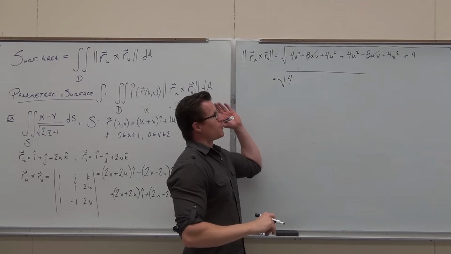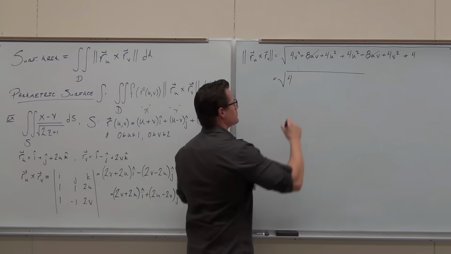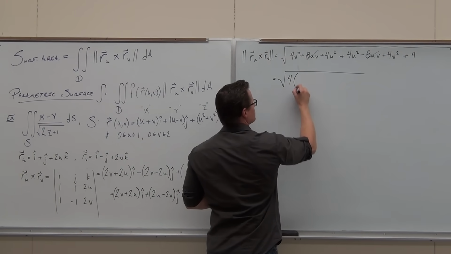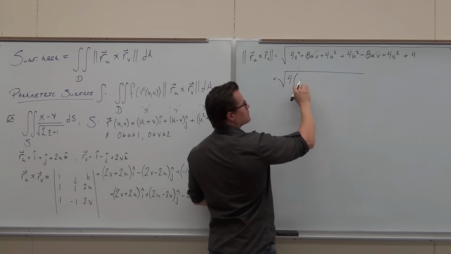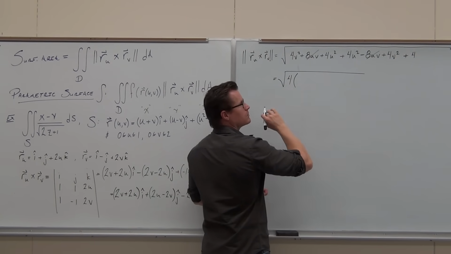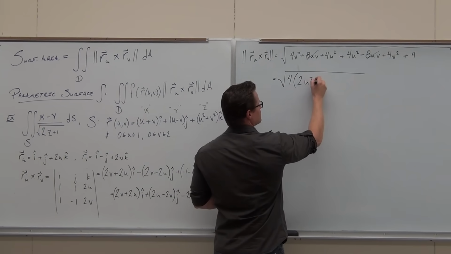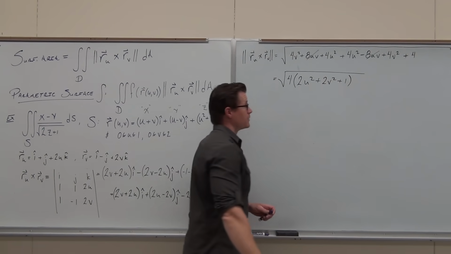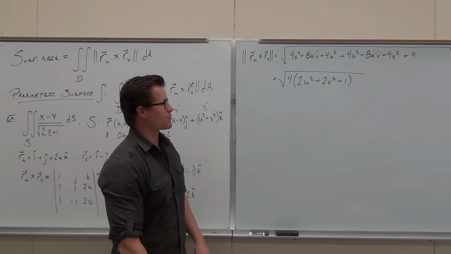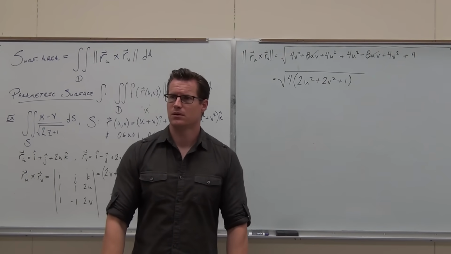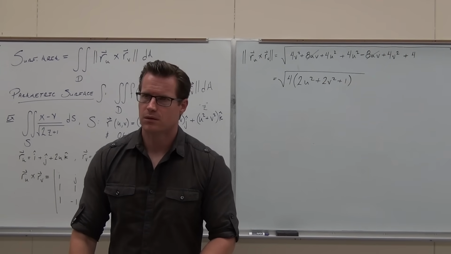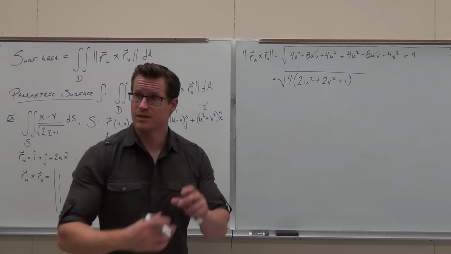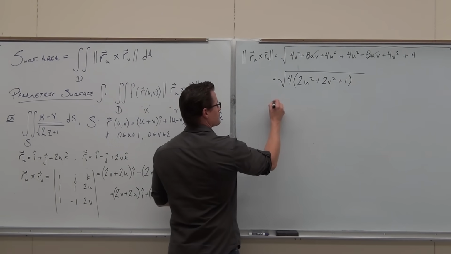If we factor out the 4 from everything, we get 2 squared, hopefully, if I did my math right. Did you get the same thing? What can you do with the 4? Square root. Yeah, because it's now multiplication because we factored it.